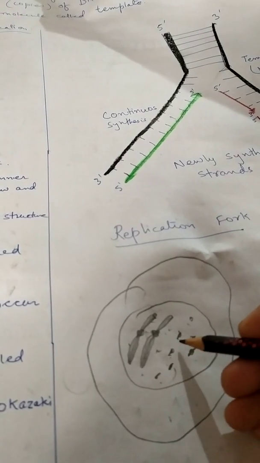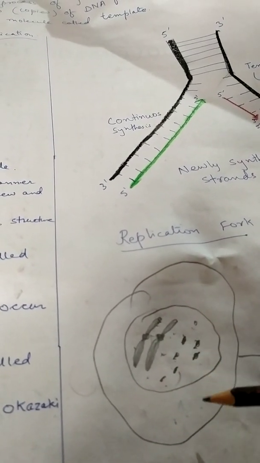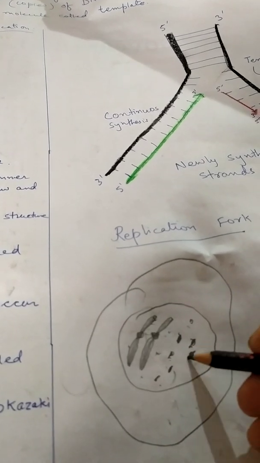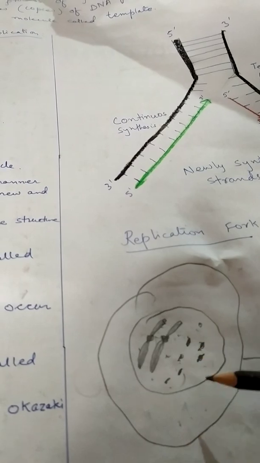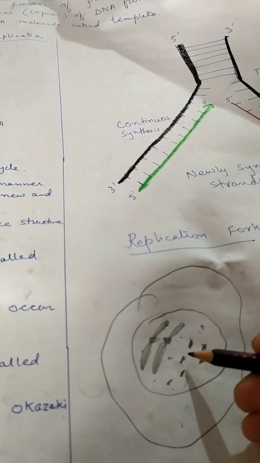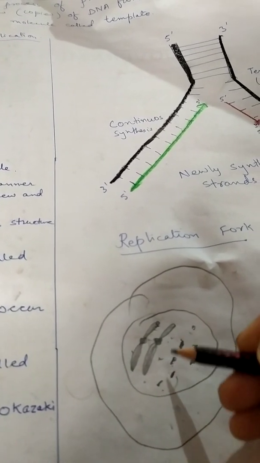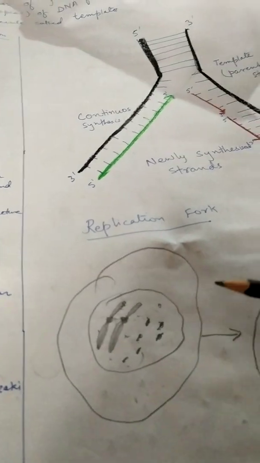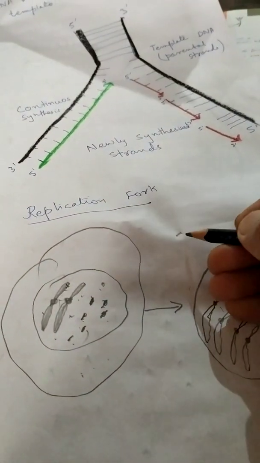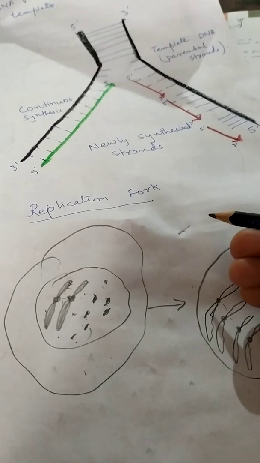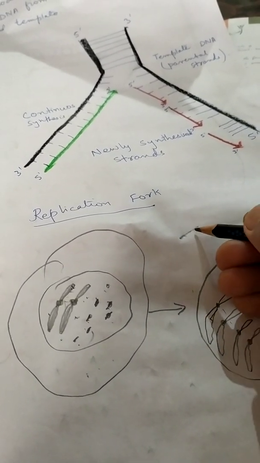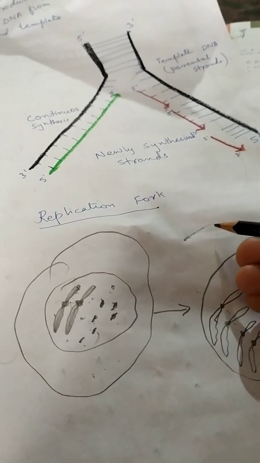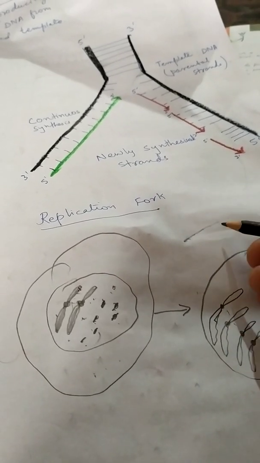So what is the role of these deoxyribonucleotides here? They have to go to the chromosome, and they have to be joined with each other and form a long stretch of DNA. Suppose two deoxyribonucleotides join with each other, again another deoxyribonucleotide is joining, another.